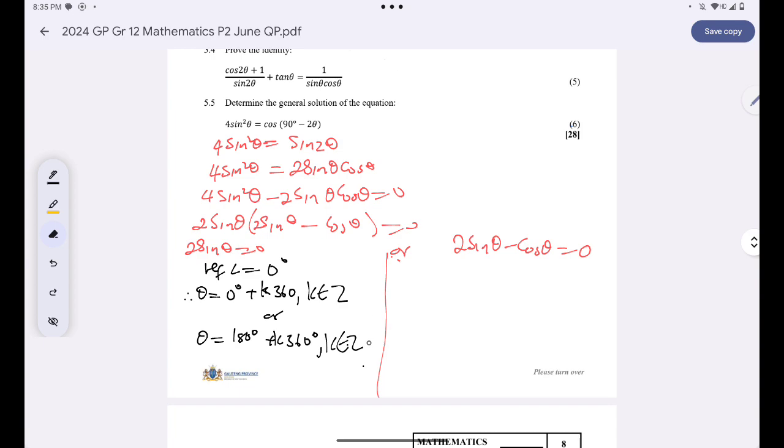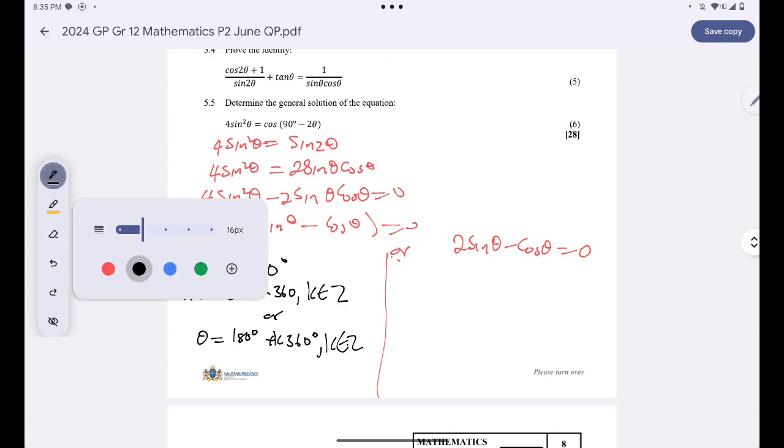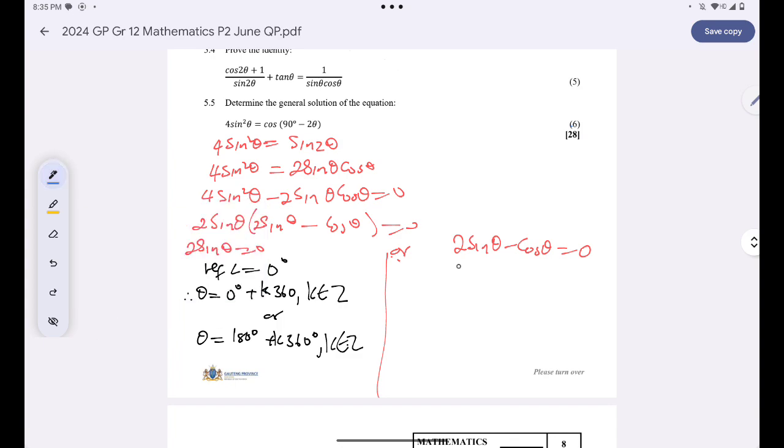I must work with one trig ratio, right? So I'll simply have 2. Then when I divide everything by cos, I'll have 2 tan theta is equal to 1. Then tan theta is 1 over 2.